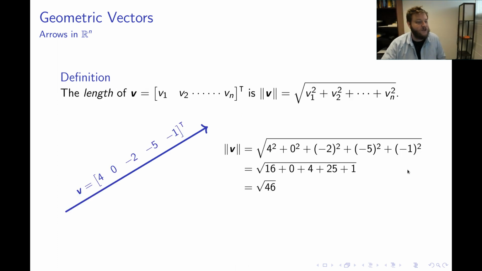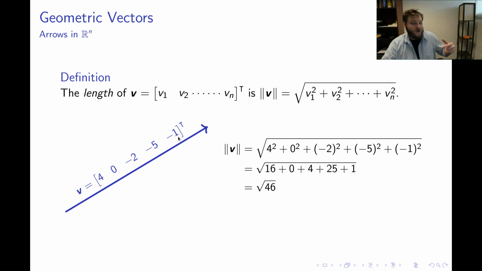So it makes perfect sense now to talk about the length of a vector with lots of coordinates. If we follow our pattern that we've developed previously, the rule says sum the squares of all of your coordinates and then put that result under a radical. So in this case, let's say that I was studying this vector. The coordinates are 4, 0, -2, -5, -1.